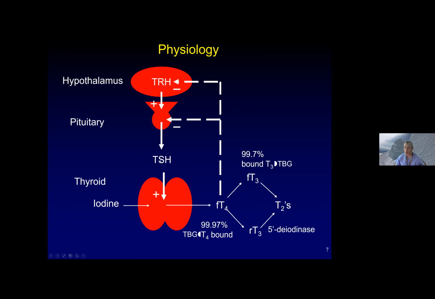Most labs offer the option of doing what we call a TSH reflex. And what that is, if the TSH is abnormal, then the lab will automatically add a free T4 to that lab. And that's actually a pretty good way to go about it.